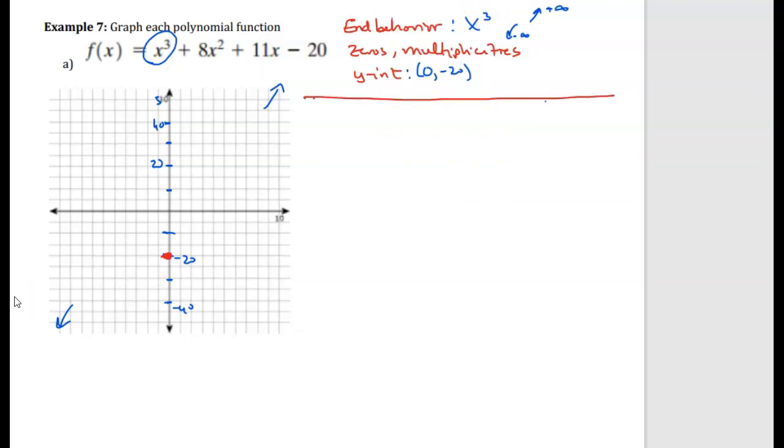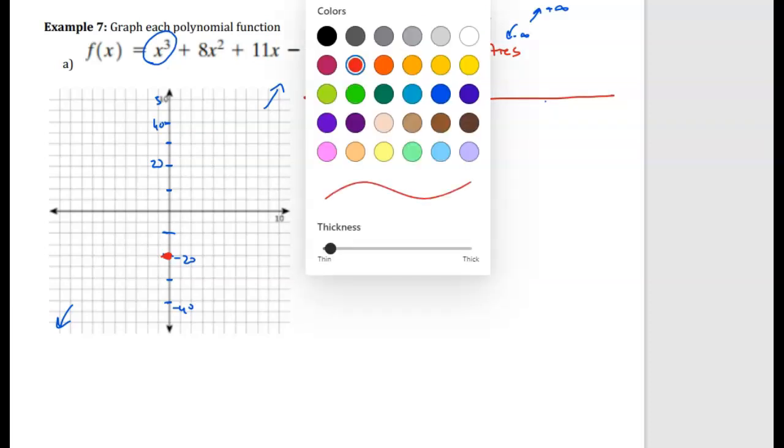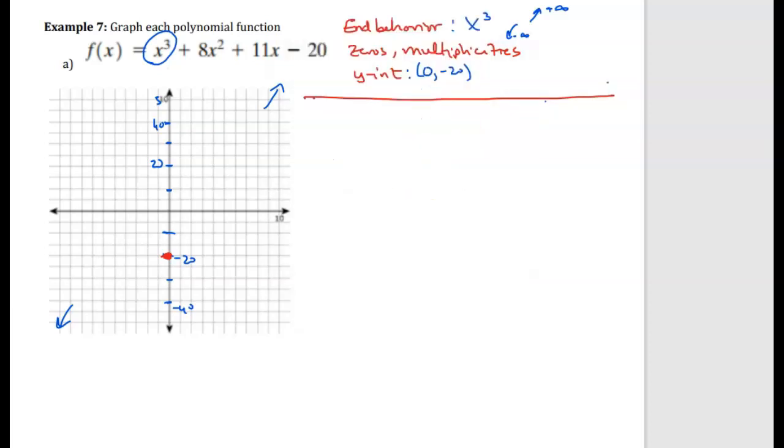So this is where most of the work comes in, because we need to go through all the stuff that we just learned. It's cubic, so it has at most 3 real zeros. Real zeros means intercepts. Let's look at sign changes. There's one sign change, so we have one positive real zero.